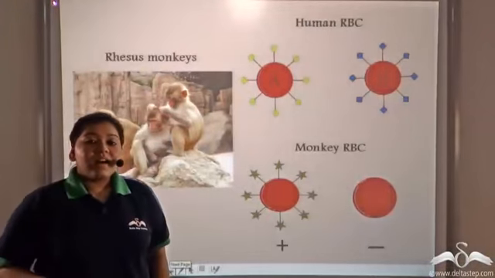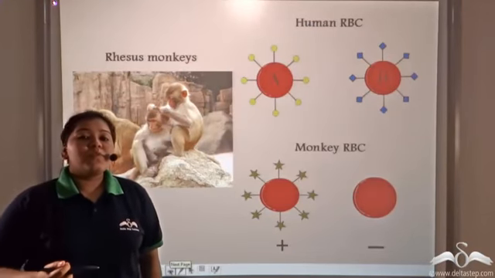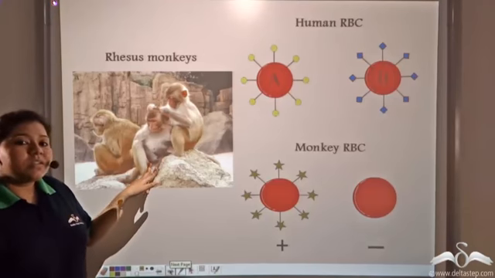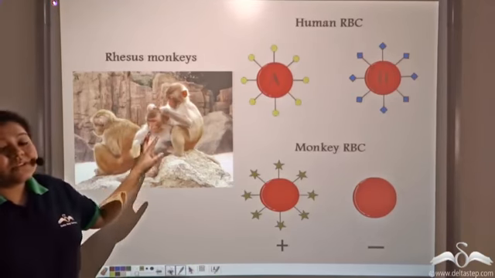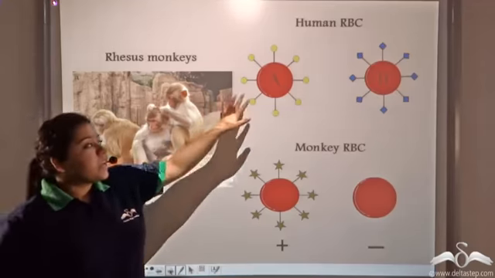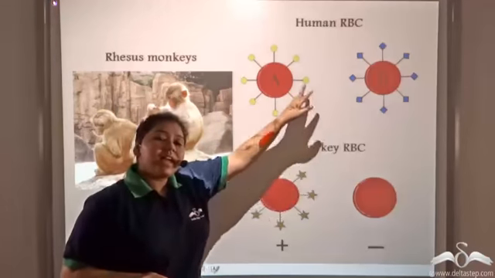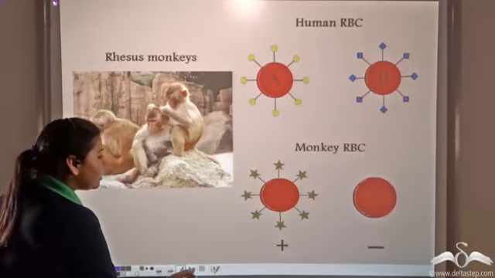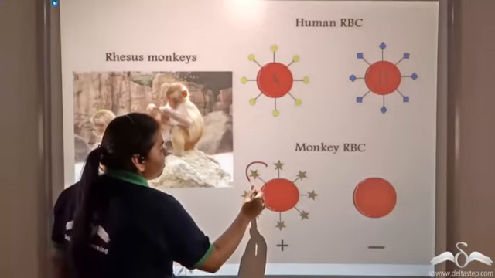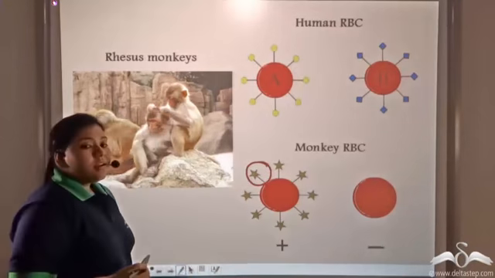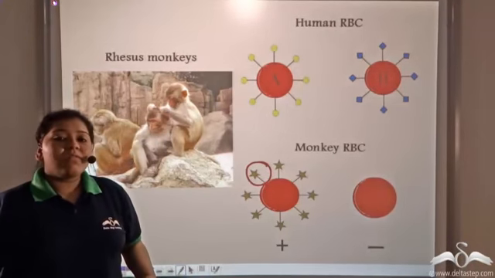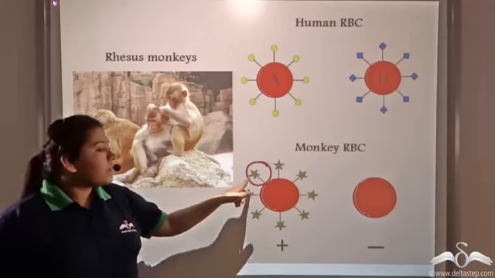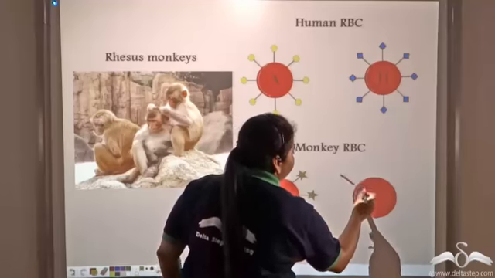Well, a few scientists who were working on rhesus monkeys then found out that these monkeys do not have a blood group A or a blood group B like the human beings. They have a completely different antigen on their red blood cells. Now, they also found out that few of the monkeys had red blood cells without any surface antigen.